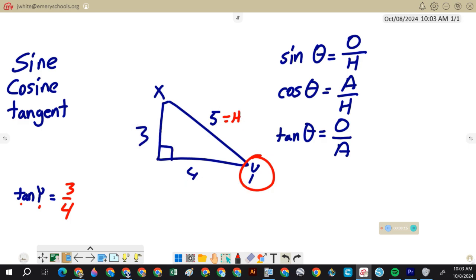Oh, that's always H. We'll just leave that. Okay. What is the cosine of X? So we focus in on angle X, and then we look at our definition. The cosine of X is going to be the A side divided by the H side. So what will that be?